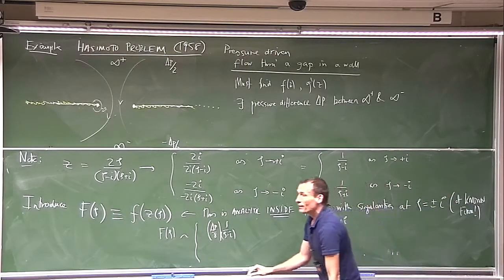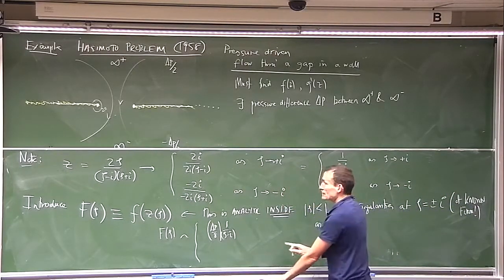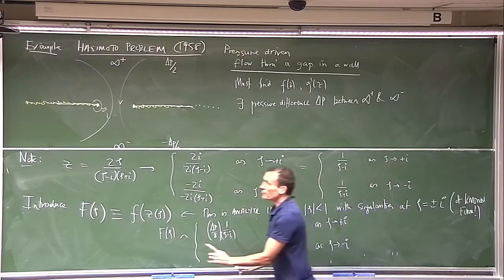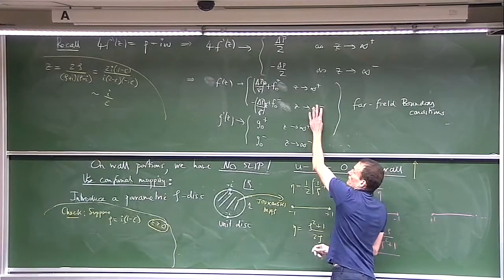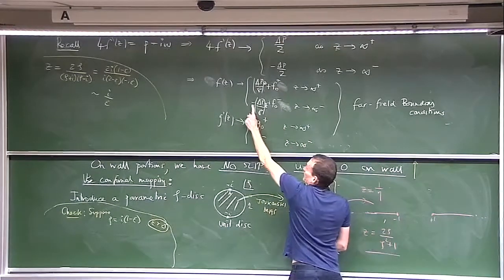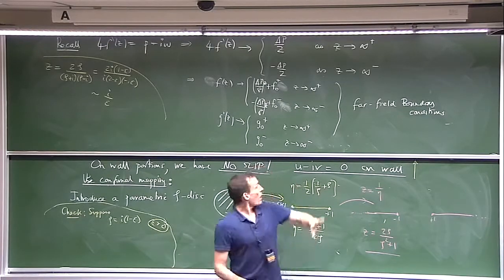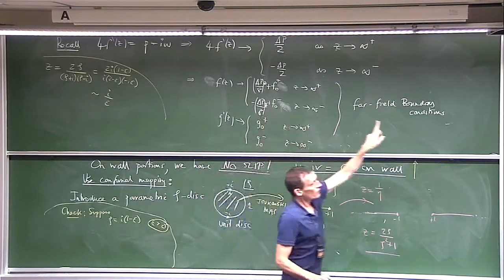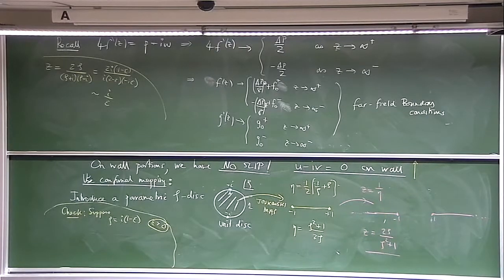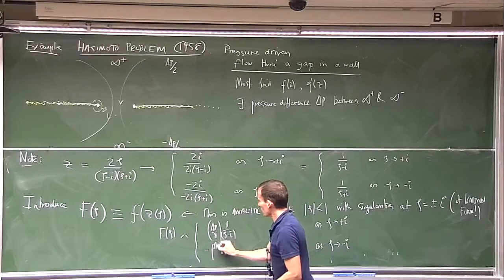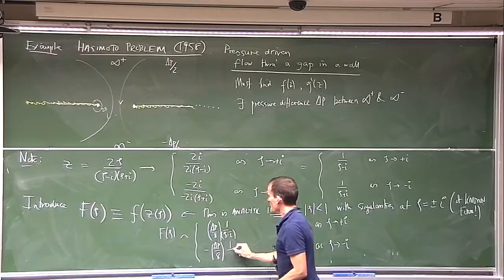Now, let's go downstairs. As zeta tends to minus i, which means Z goes to minus infinity, F goes like that, but now the same thing with a minus sign. And Z goes like this one. Is everybody with me? So I get the same thing here, but now with a minus sign, delta P over 8, 1 over zeta plus i.